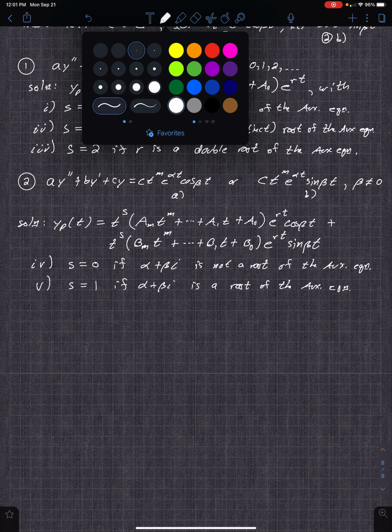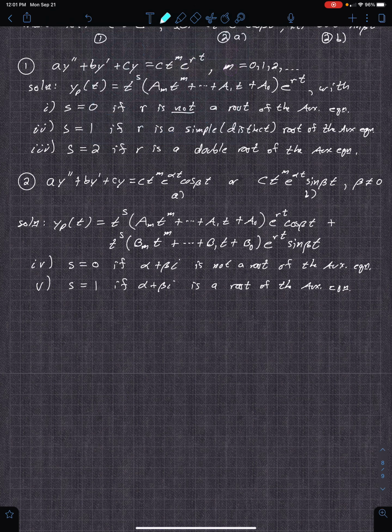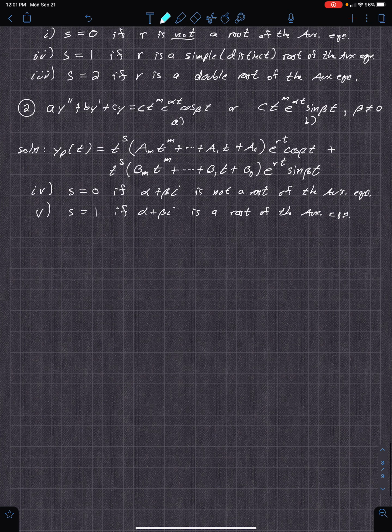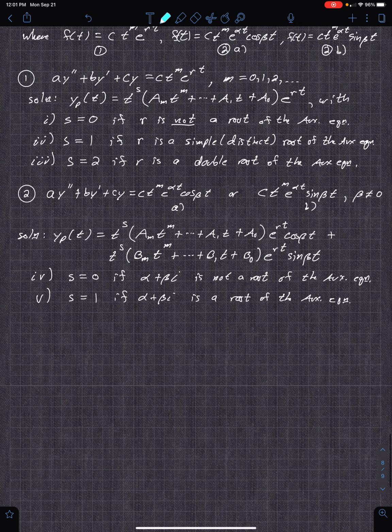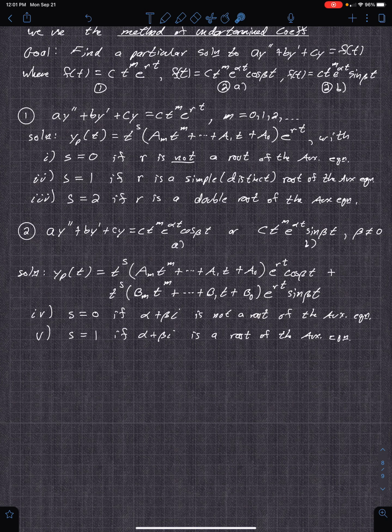I mean, they highlight what to do, but I tried to condense it a little bit so you can see what to do. And the key to really doing this section is keeping track of your m and your r when you solve, and then of course alpha and beta. So keep track of that because that's part of your solution.